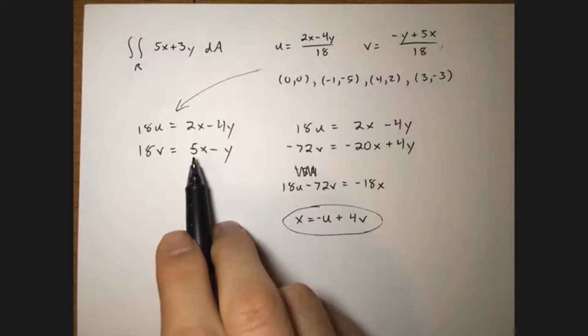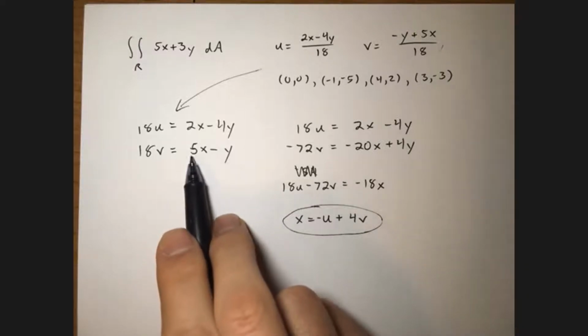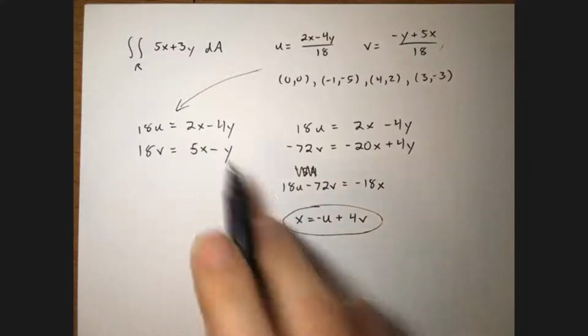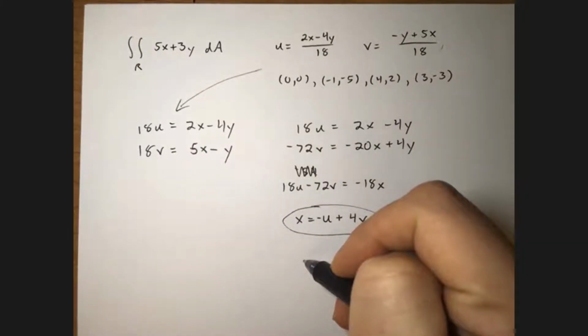To get y, instead of multiplying the bottom equation by -4, I might multiply the bottom equation by -2 and the top equation by 5. So let's multiply the top equation by 5 and write it down. 5 times 18, that's 90.